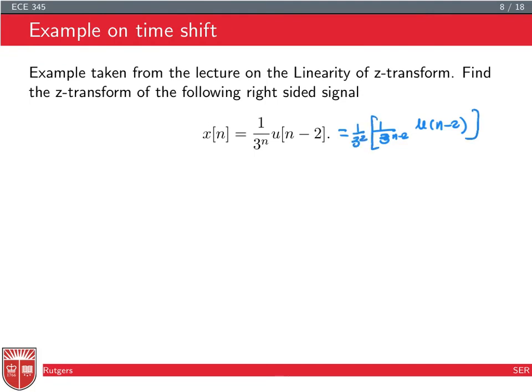Let's call this signal y of n, so this is y of n minus 2. So y of n is equal to (1/3)^n u[n].